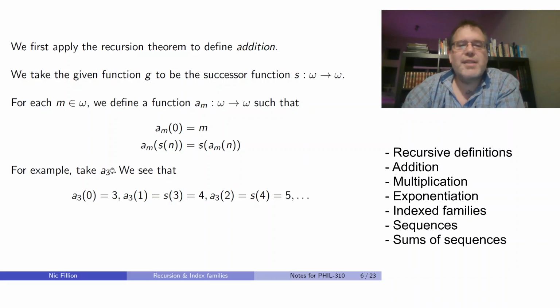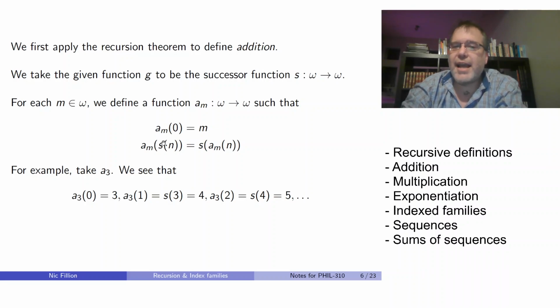So suppose we take a3, which is going to be thought of as the sum of 3 and some other number. So a3, by the first equation, gives us 3. Now 3 plus 0 equals 3. Then 3 plus 1, 1 is the successor of 0, right?